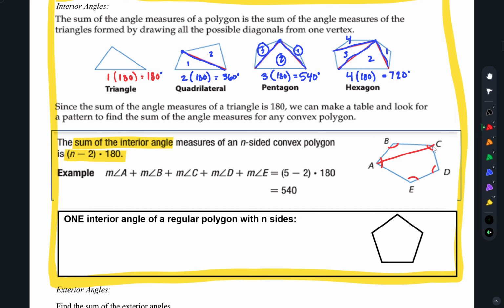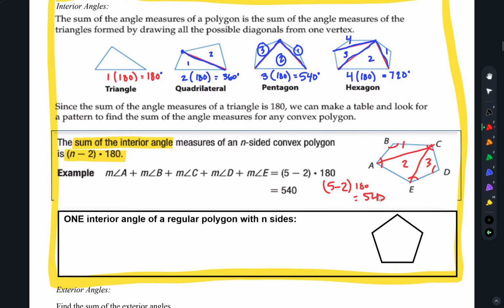So in this shape, maybe I do the seashell method. 1, 2, 3. I know there's 3 triangles. 3 minus 2, or sorry, 5 minus 2, because there's 5 sides, times 180 would give me 540. Questions there?